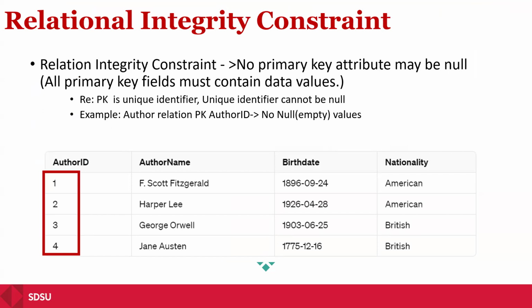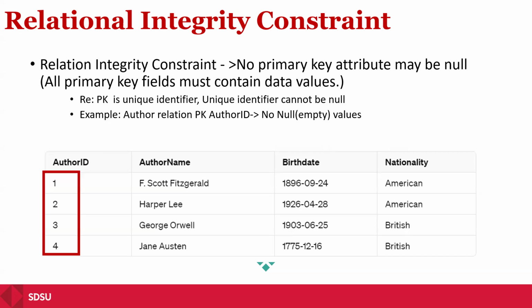We talked about domain constraints, and now we're going to talk about integrity constraints. There are two types of integrity constraints: relational integrity and referential integrity. Relational integrity constraint states that no primary key attribute can be null.